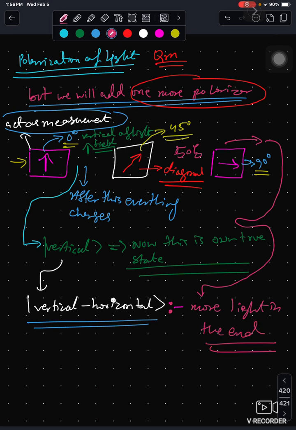Now, by the way, this is the vertical polarization and this is the horizontal polarization. Can't I say that this polarization over here is a superposition of both, the electric and magnetic field?